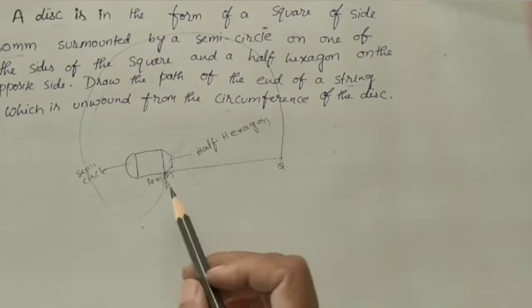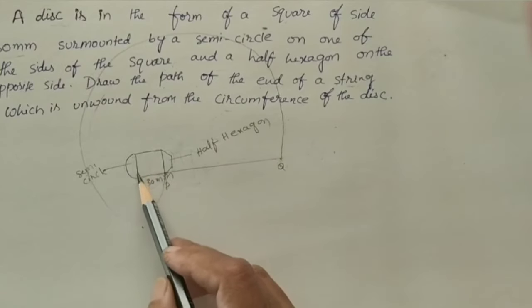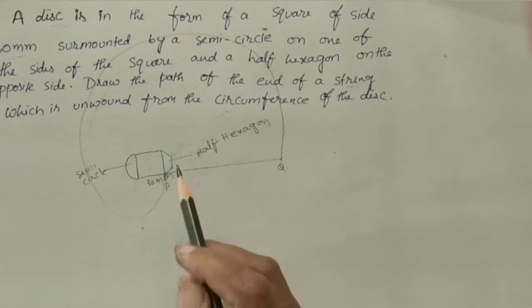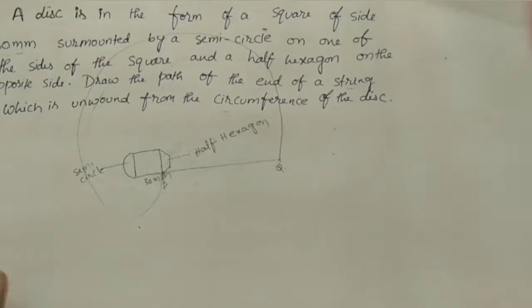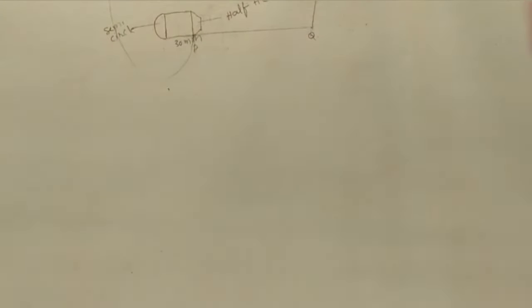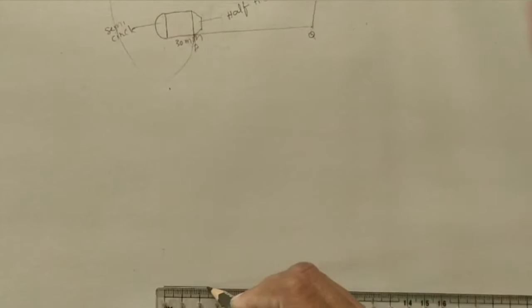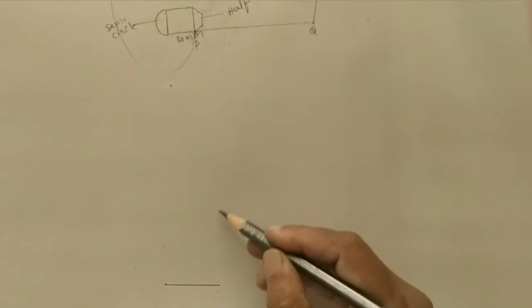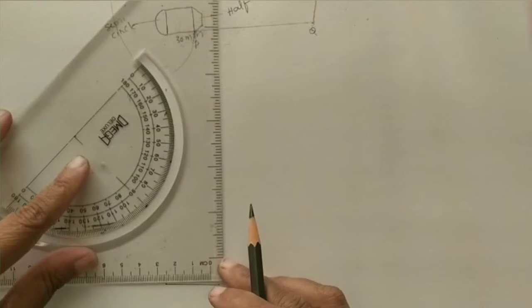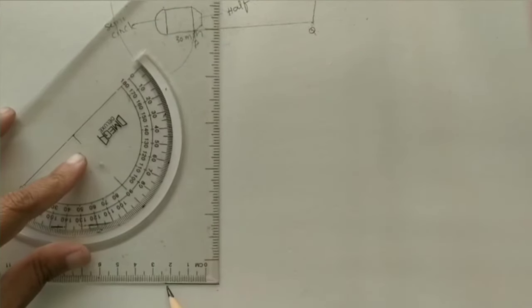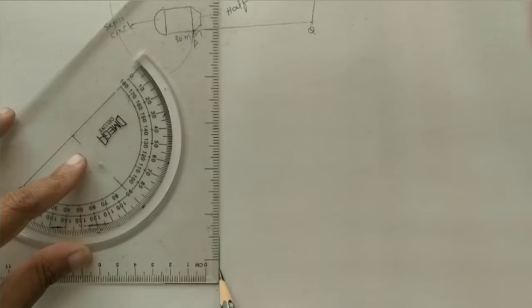We have to do this diagram. For doing this diagram, first we will draw the disc. Initially take the square of 3 cm. By using drawing instruments, we will do it here. Let us draw the square of 3 cm. This is the starting point, 3 cm each side of the square. The next side is at 90 degrees. For getting 90 degrees, I am using a set square. One side coincides here, and the other side is at 90 degrees.